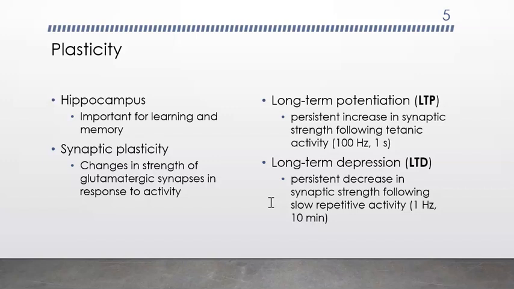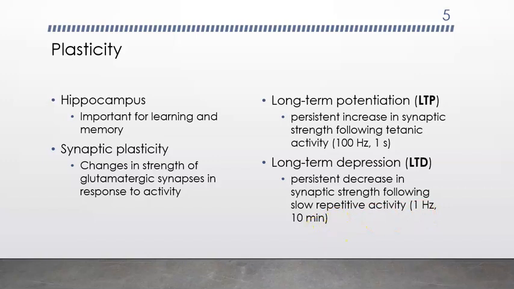Okay, so you'll see that long-term potentiation, it says it's following tonic activity, so that's a lot of activity very quickly, a lot of intense activity very quickly. Long-term depression, you can see, is slow, repetitive activity, so low intensity over a long period of time.